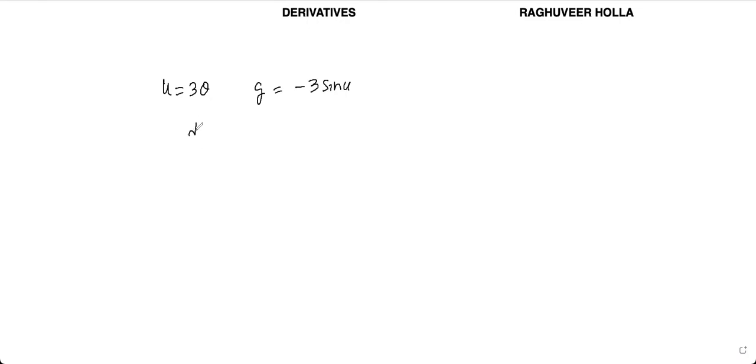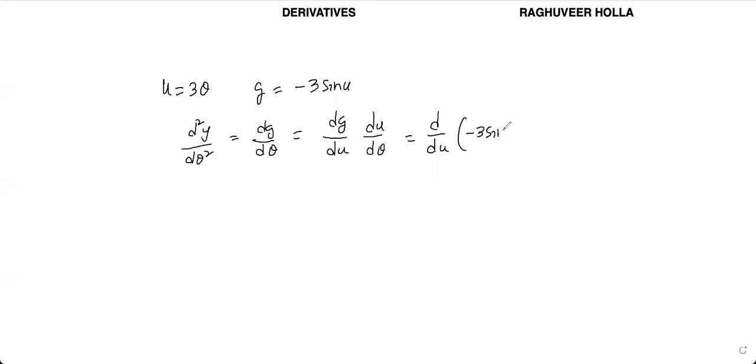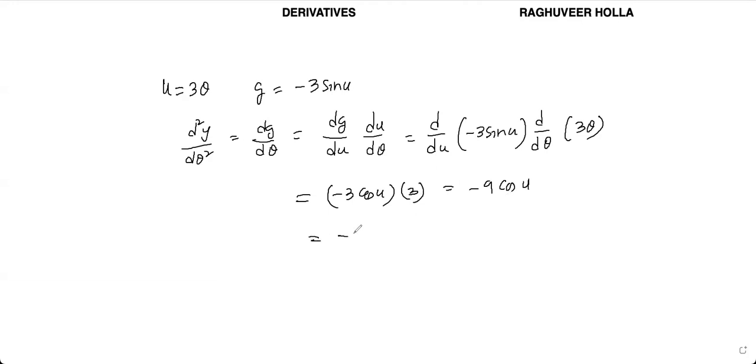So d square y by d theta square is dg by d theta, that is dg by du multiplied by du by d theta, which is d by du of minus 3 sine u and d by d theta of 3 theta. So that is minus 3 cos u multiplied by 3, which is minus 9 cos u, that is minus 9 cos 3 theta.